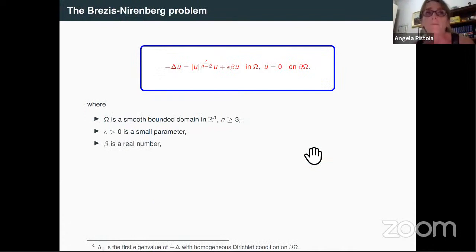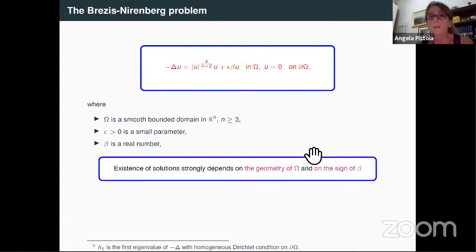This is the famous Brezis-Nirenberg problem, and it is well known that the existence of solutions to this equation strongly depends on the geometry of the domain omega and on the sign of beta. Here I wrote the linear perturbation term as epsilon times beta. Epsilon is positive and beta can change sign.